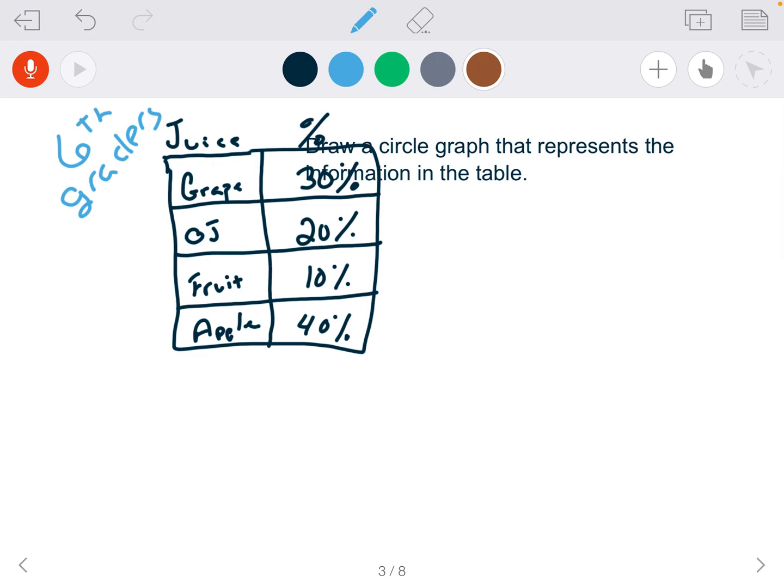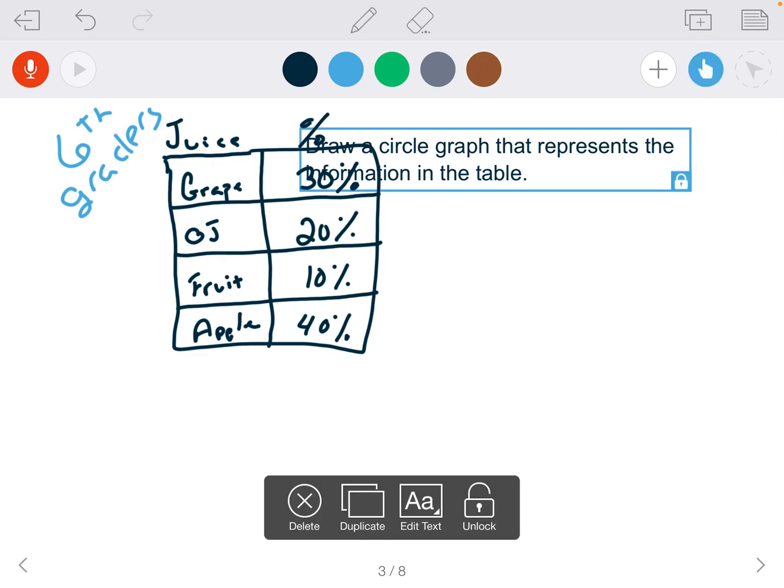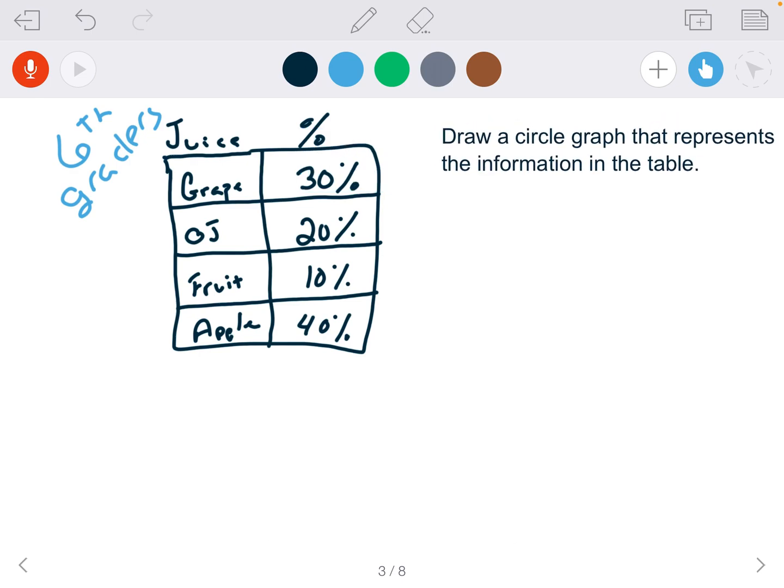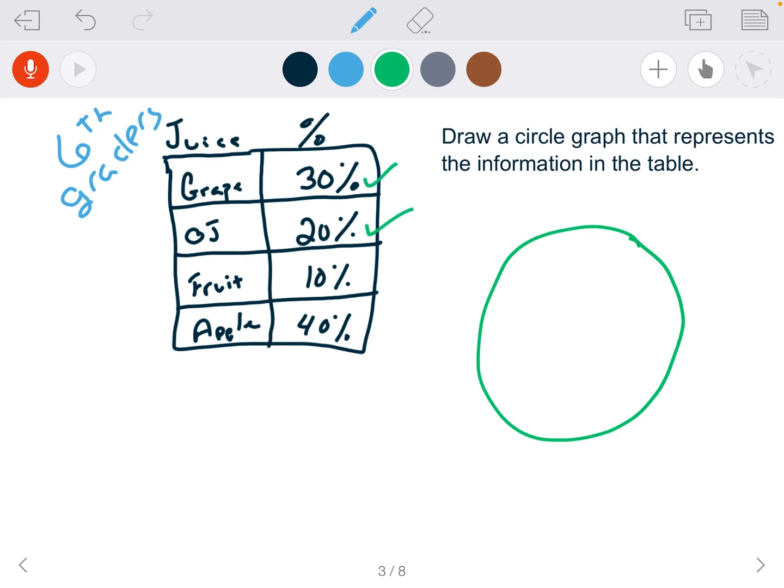Moving along to the next question, you're now going to draw a circle graph. I don't want you to use a compass on this. I just want you to freehand draw it. You just have to identify it. So we know the circle graph is circular, and don't mind my circles. And we've got 30 and 20. We know that's 50. So I'm just going to draw it in half. And 30 is a little bit bigger than 20.